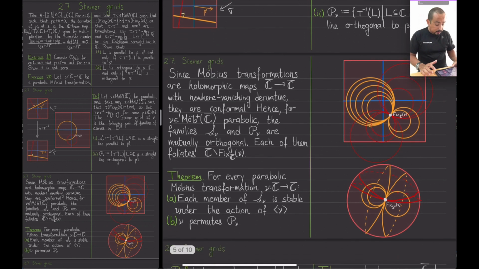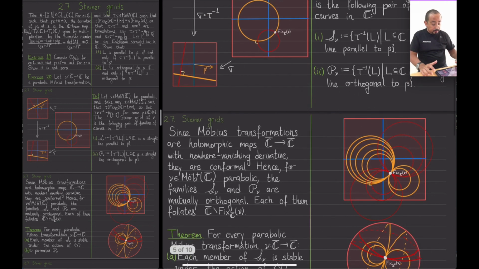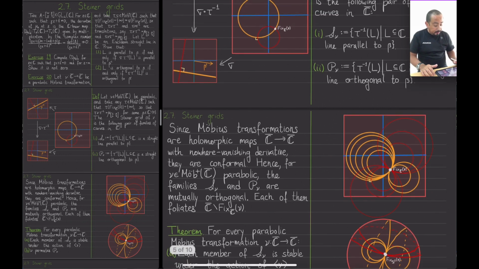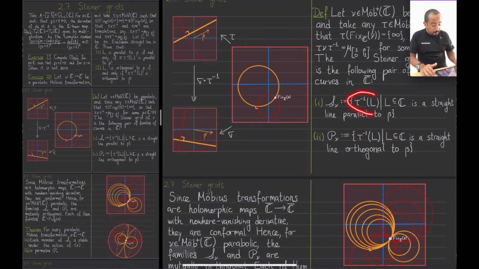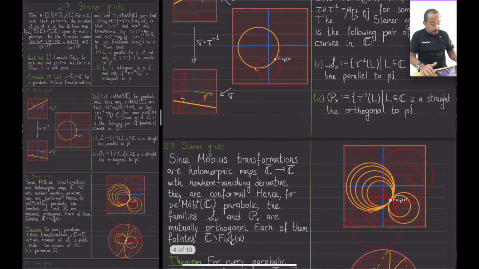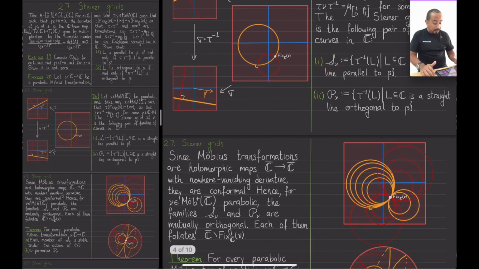So what do I obtain? I mean, these two families are of course orthogonal here. They all share this point, and what happens since S of nu is obtained by pulling the curves that are stable on their translation by beta, it turns out that each member of S nu is stable under nu.